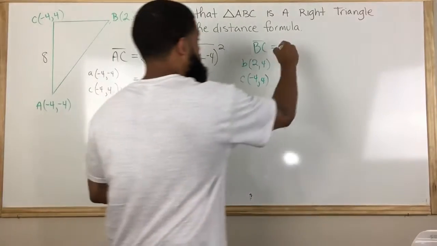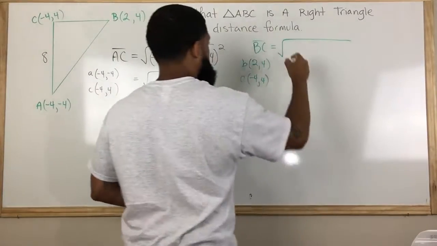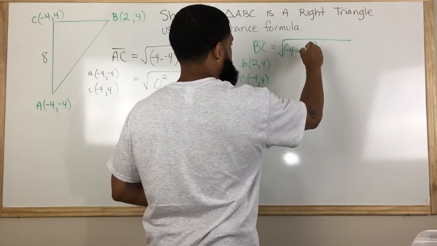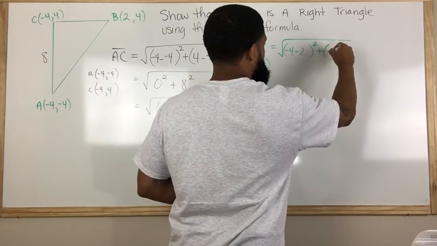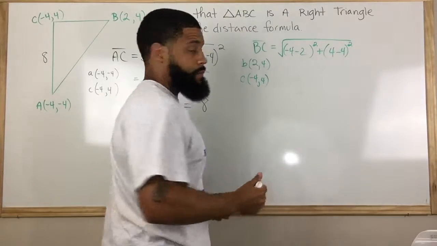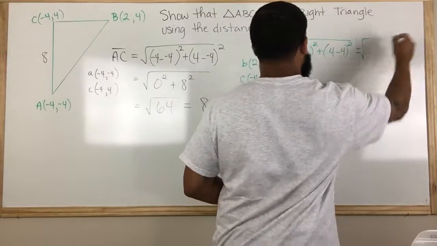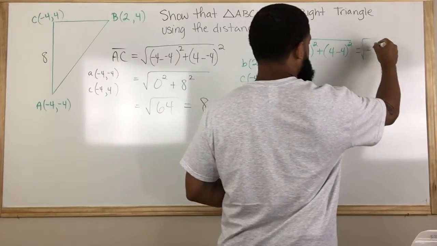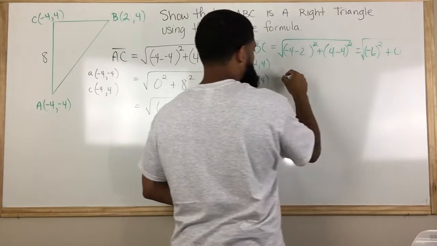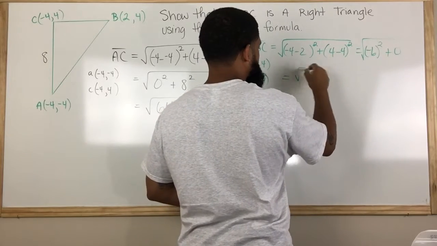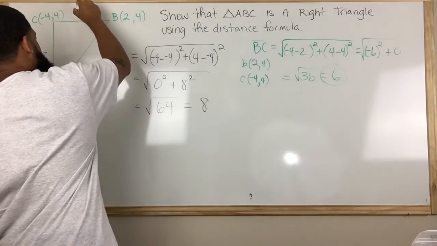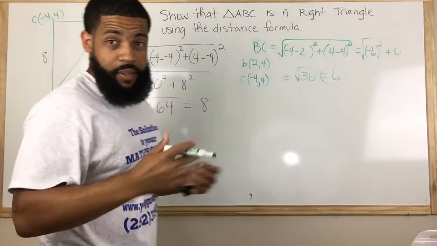All right, so square root, definitely going to do -4 minus 2 squared plus 4 minus 4 squared. All right, and that gives us the square root of -6 squared plus 0. All right, so that gives us the square root of 36, which is equal to 6. So I have 6 units for BC.